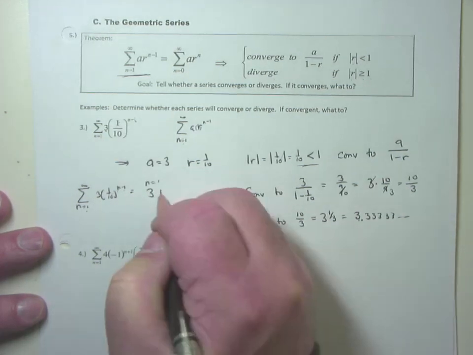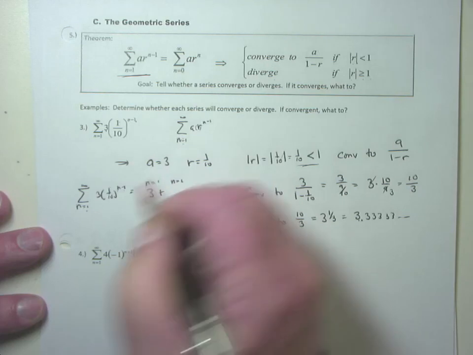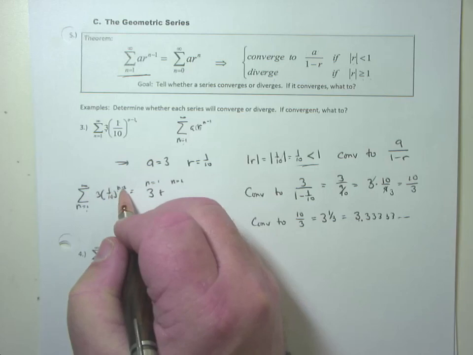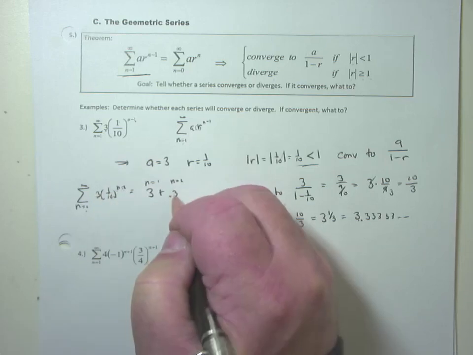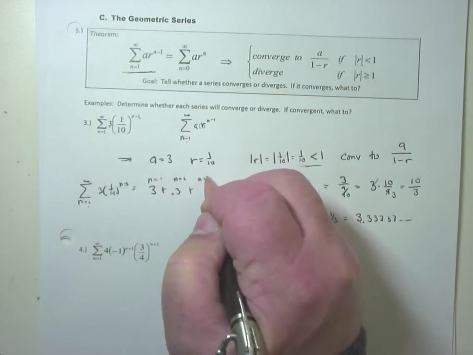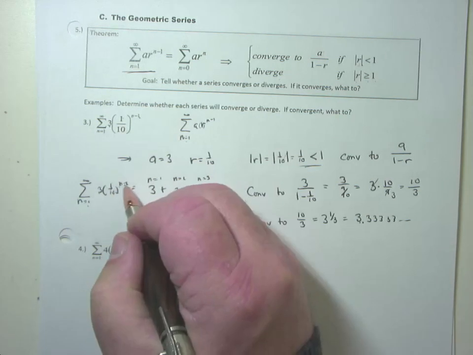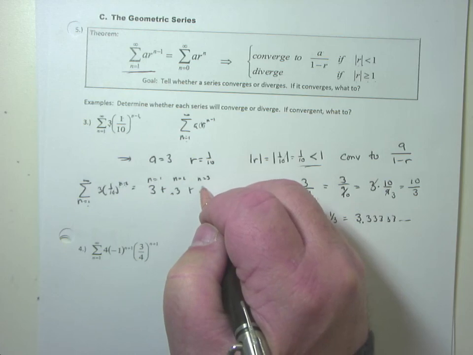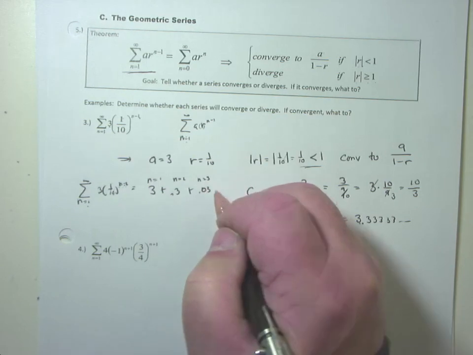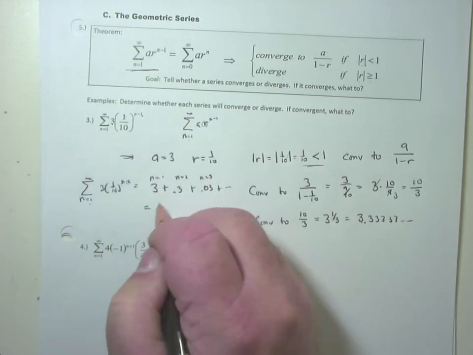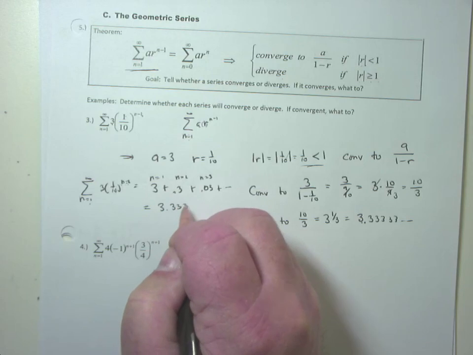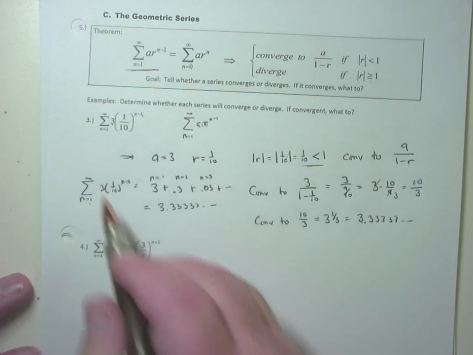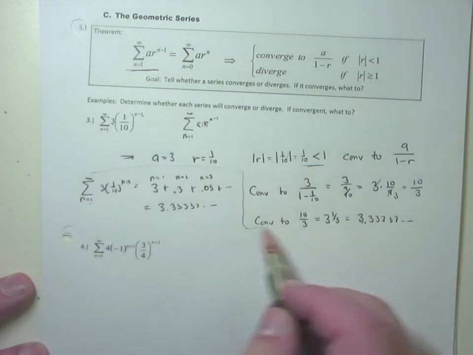Then plus, when you plug in n equals 2, 2 minus 1 is 1. 1/10 to the first is 1/10 times 3 is your 0.3. Then you plug in n equals 3. 3 minus 1 is 2. 1/10 squared is 1/100. 3 divided by 100 is 3/100 or 0.03, plus... And when you put it together, you see that 3.33333 stuff, which gives me my answer. But I didn't have to write it all out and catch a pattern off of it.